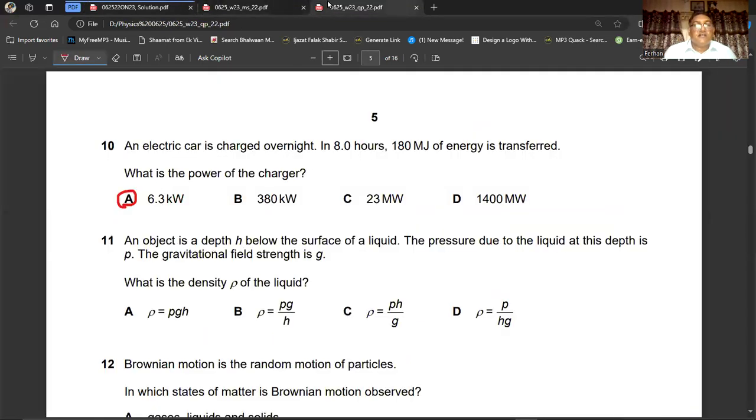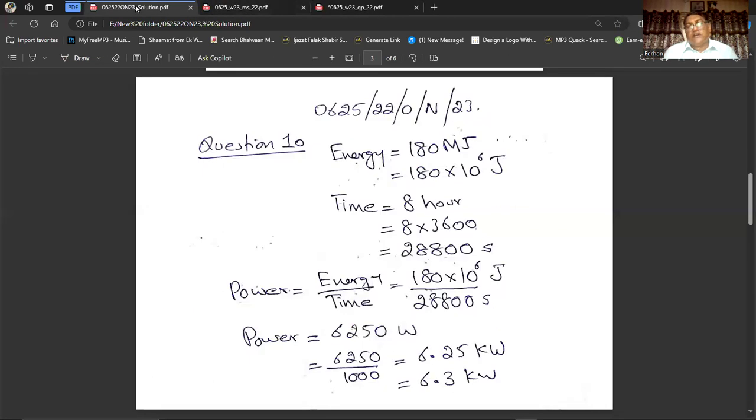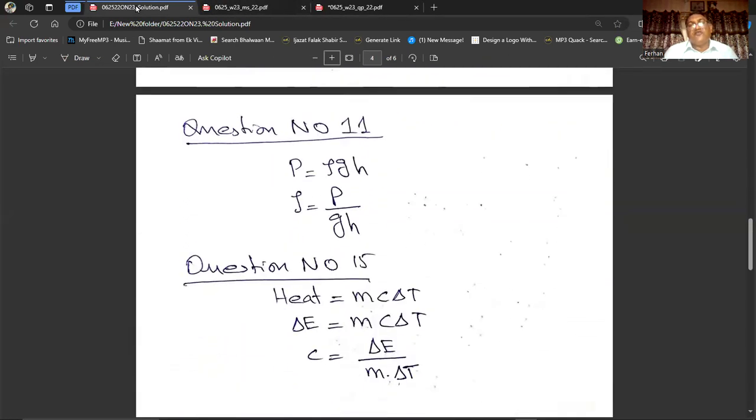So question number 11, an object is at a depth h below the surface of a liquid. The pressure due to the liquid at this depth is P. The gravitational field strength is g. What is the density rho of that liquid? Okay. So, the pressure of a liquid is rho g h.